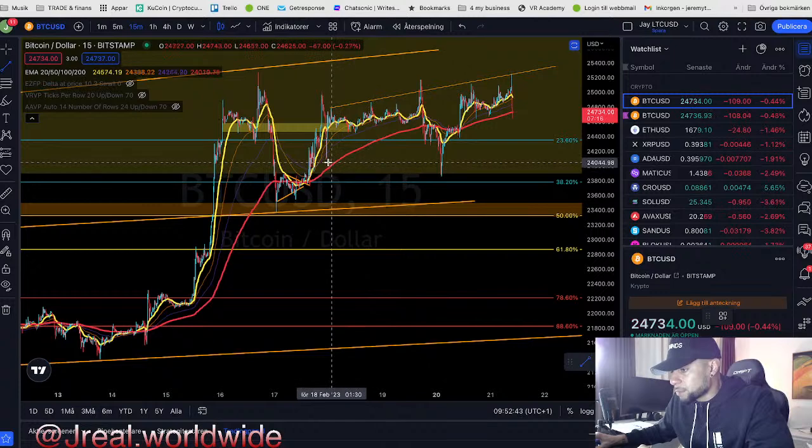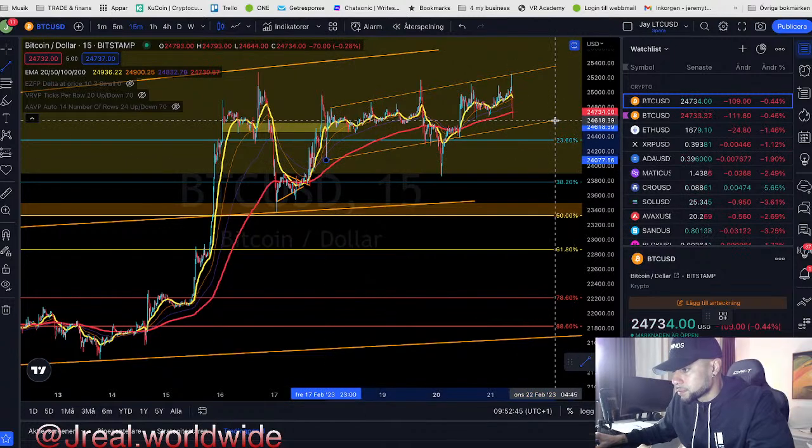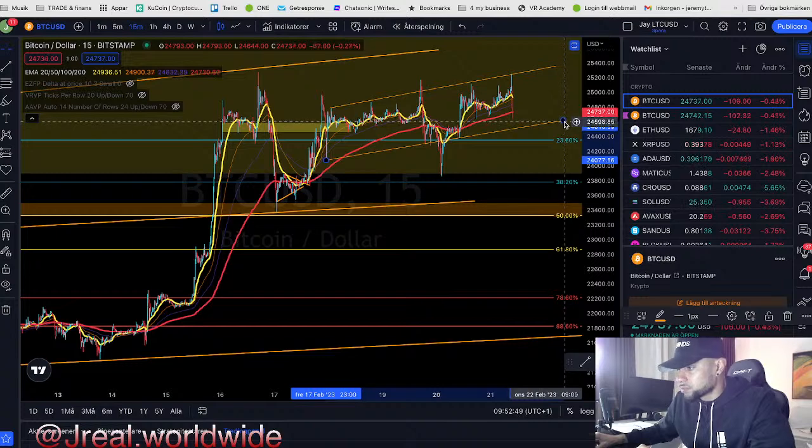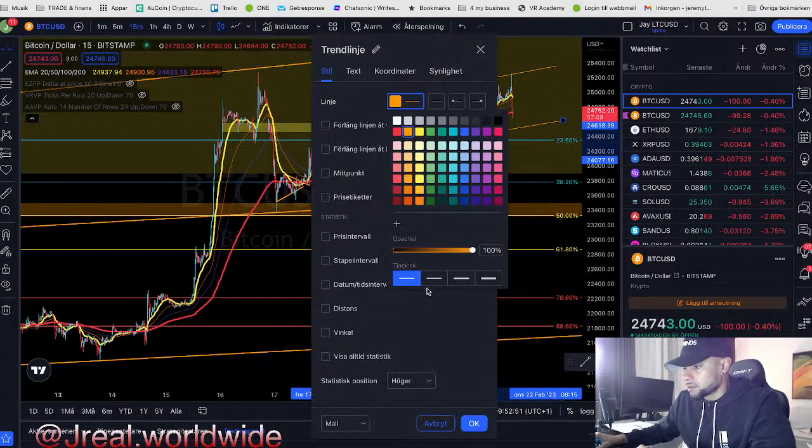We have some type of structure here. I'm going to make this one thicker so you see it better.